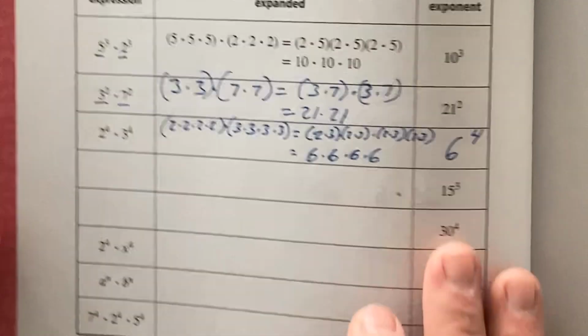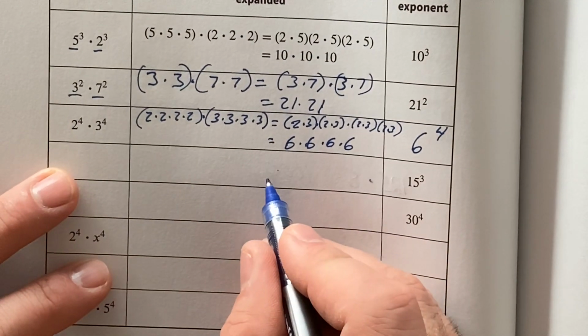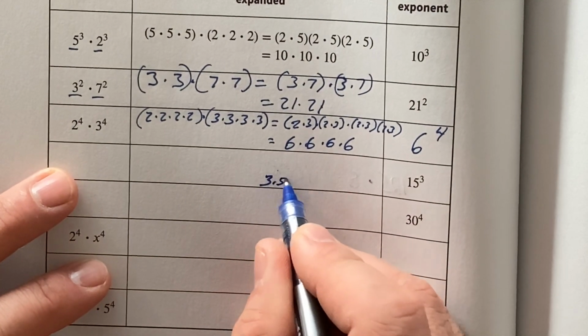Okay, 15. Well, some ways to get 15 are, of course, 3 times 5.